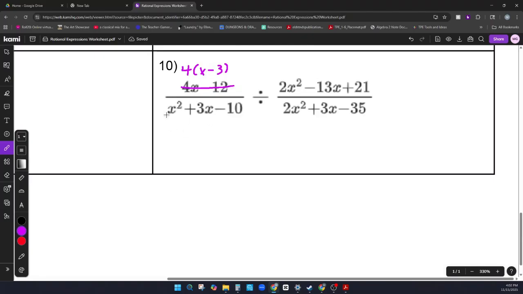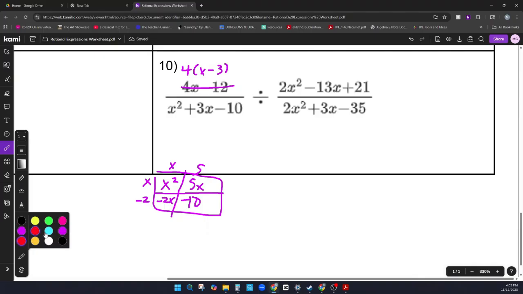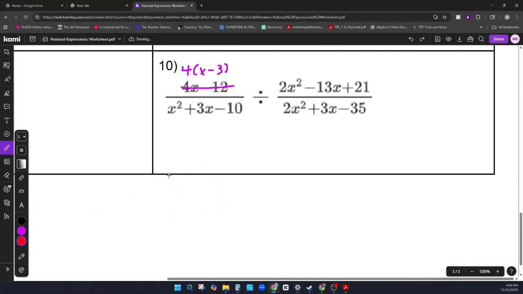Looking at my denominator here, I factored like normal, so that's going to be x squared, then negative 10. In order to get my positive 3, I'm going to break this into 5x and negative 2x, giving me x and 5, x and negative 2. And I actually want to do this in a different color, so let me do all this in red just so I can keep everything color coded.